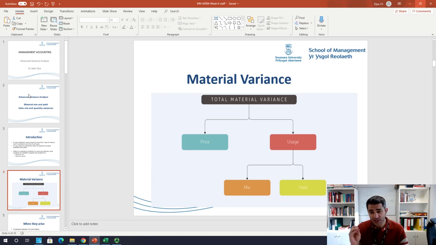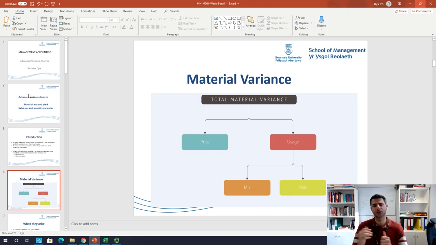This usage variance, we need to break down into two elements: material mix variance and material yield variance.